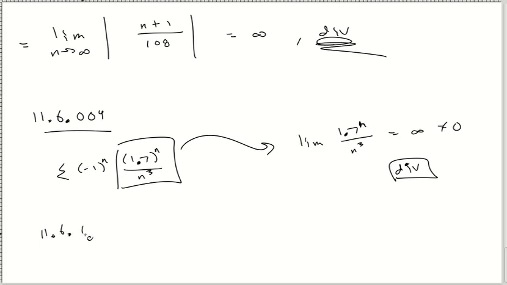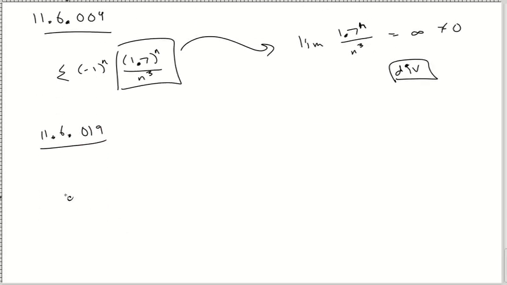11, 6, 0, 1, 9. I have the summation n equals 1 to infinity, just as usual, of 7 times 14 times 21 times up to 7n, all divided by n factorial.